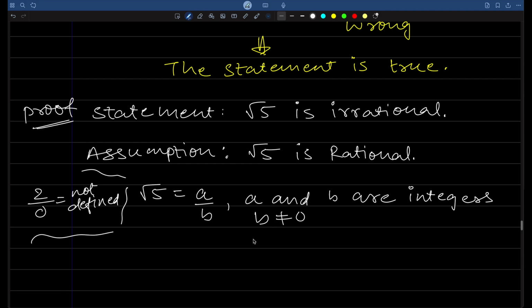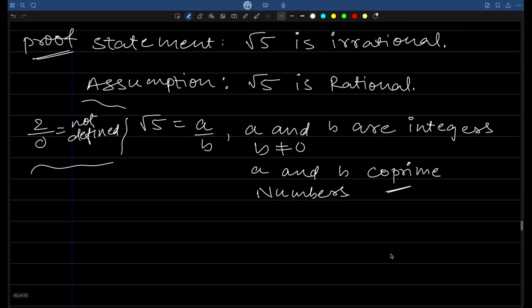And we have a and b as co-prime numbers. I have made a detailed video on co-prime numbers. Co-prime numbers are those numbers which have only 1 as the common factor.